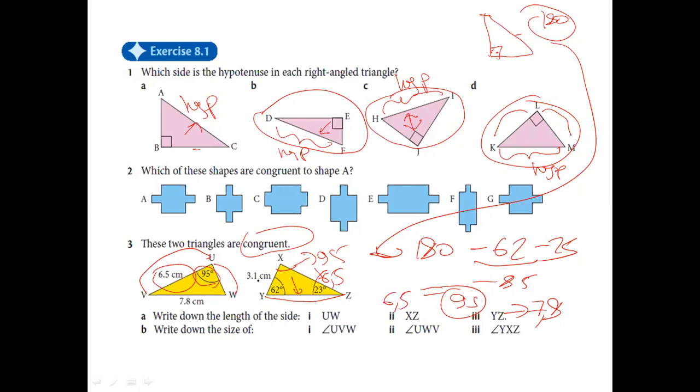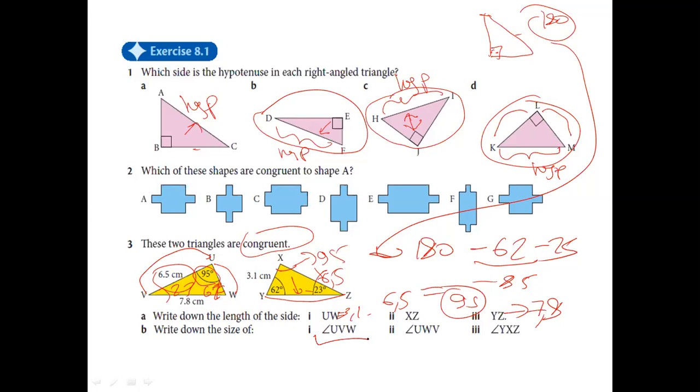The last one: you can also write here 62 degrees, and the smaller angle is 23. What was 23? The opposite of 23 is 3.1. What was 3.1? UW is 3.1. Okay, so write down the sizes of the angles.